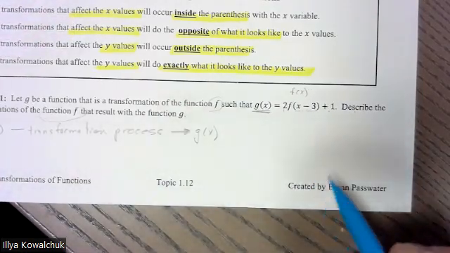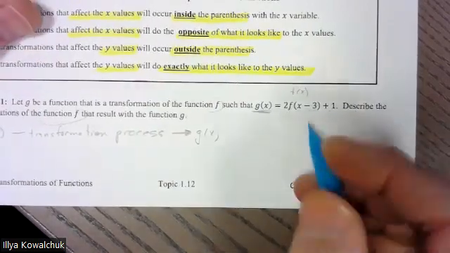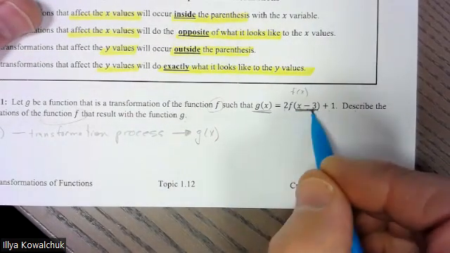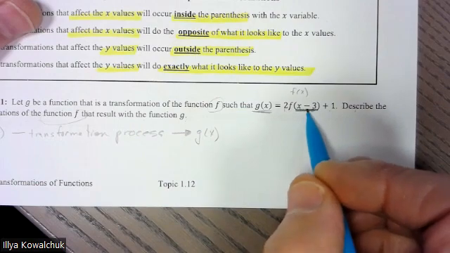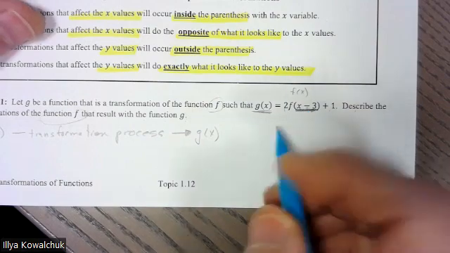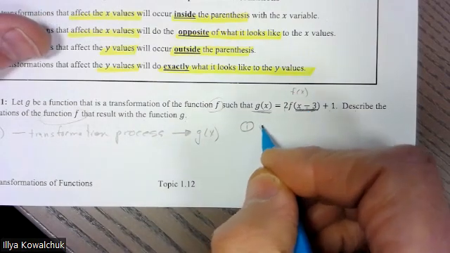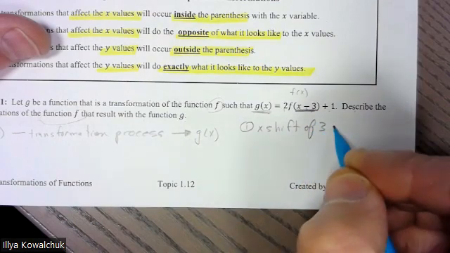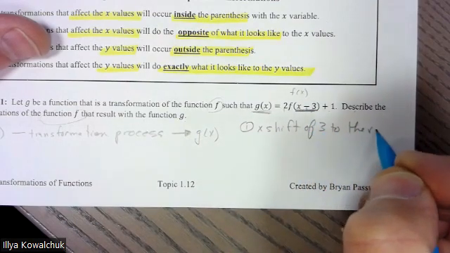Now I have to figure out what they all mean. Well, first off, I see inside my parentheses, those are my x transformations. So that's going to be a shift to the right. Remember, we do the opposite of what the sign says. So I have an x shift of 3 to the right.